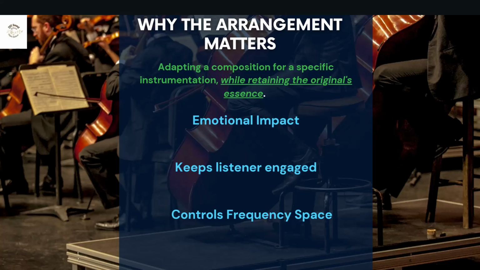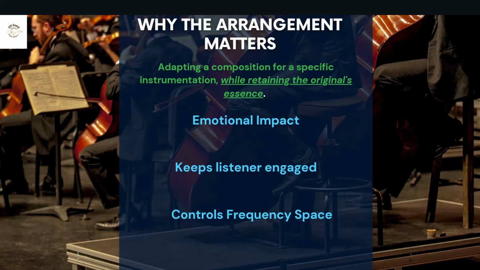So just to define what an arrangement is in the overall context, the arrangement is basically adapting a composition for a specific instrumentation, but this is the key, while retaining the original essence.